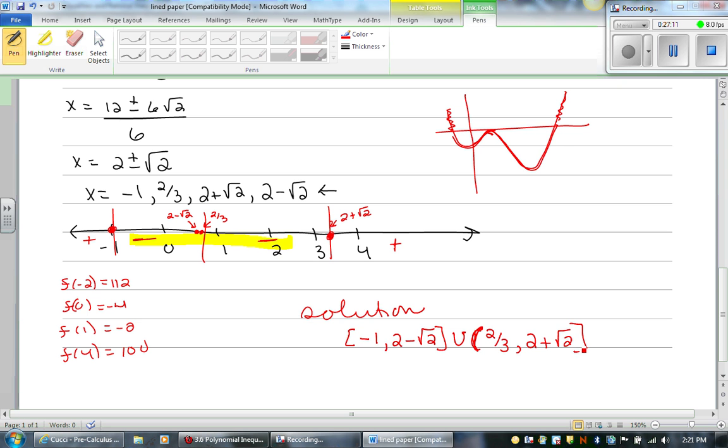I'm sorry, I don't know why I made that rounded. That's supposed to be square. That is a 0. We want it. Okay. So there's my solution.